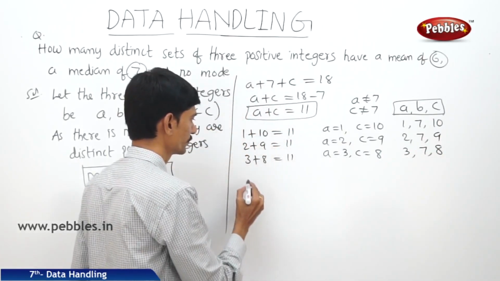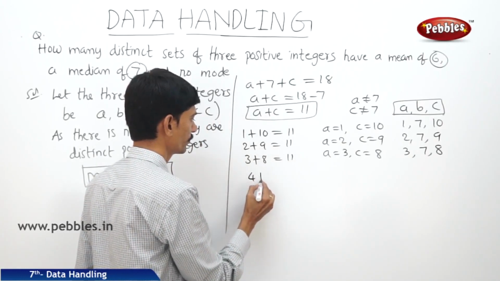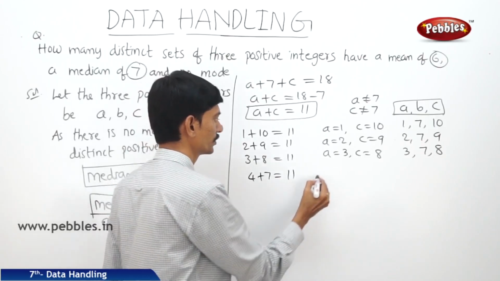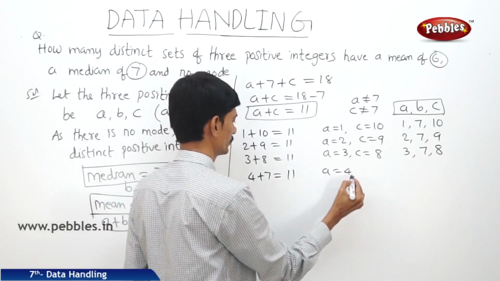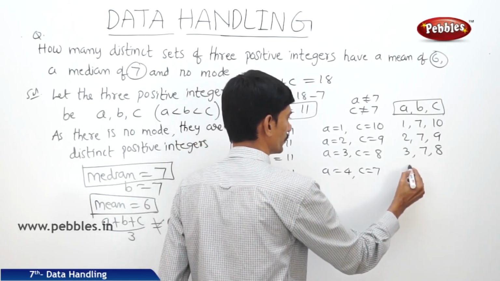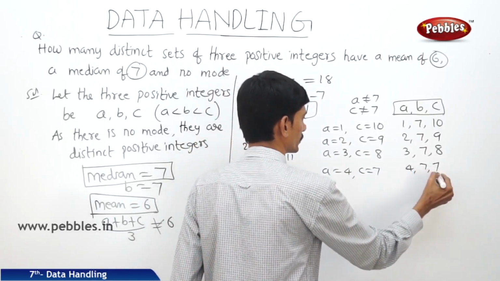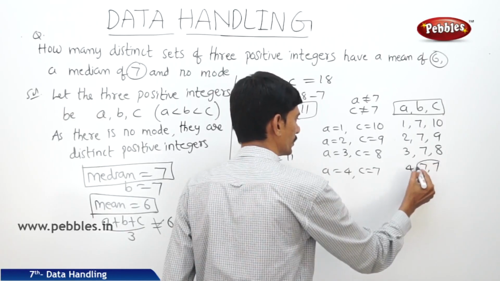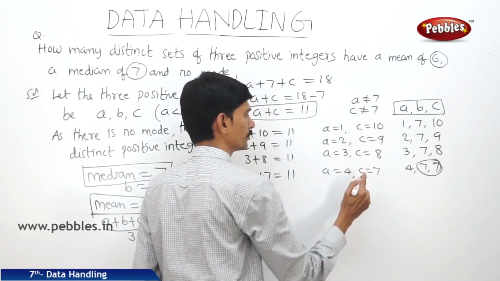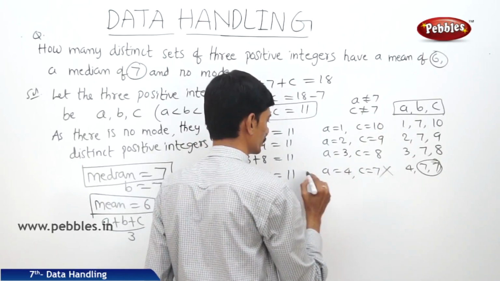If you take 4 plus 7 equals 11, a value is 4 and c value is 7, so we get 4, 7, 7. But here 7 is repeated, so the mode is 7, and there should be no mode, so we do not consider this case.